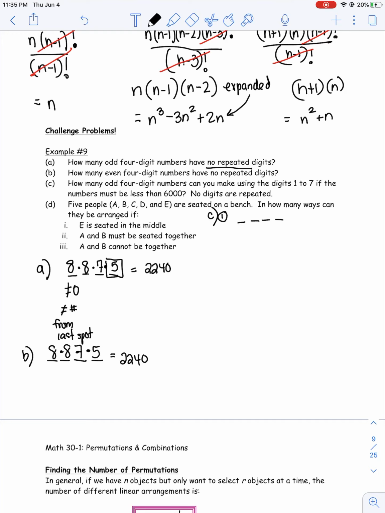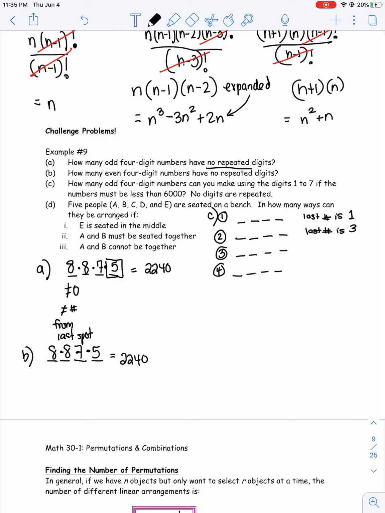So this is case number 1, case number 2, case number 3, and case number 4. So we're saying, what if the last number is a 1? That would be odd, right? What if the last number for case number 2 is 3? What if the last number is 5?